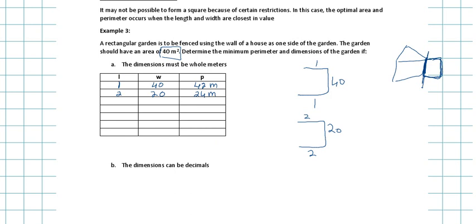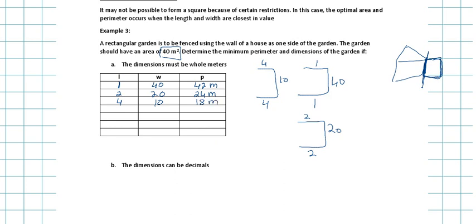No. How about 40 by 4? Yes, I can. 4 times what gives me 40? 10. So if I have this shape, 4, 10, 4, that would give me 18.